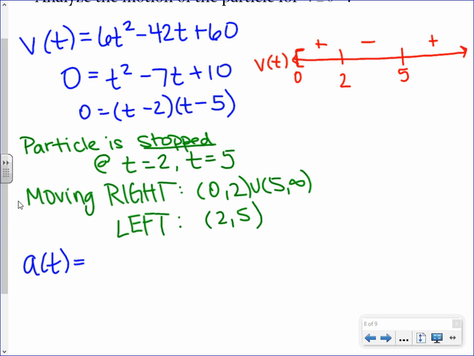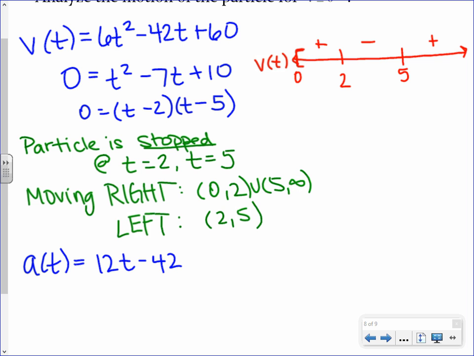Callie, I like it, 2t minus 7, but just in case we have to evaluate anything, we should probably go to the very original one before we divided something out of it. So let's go to this one: 12t minus 42.